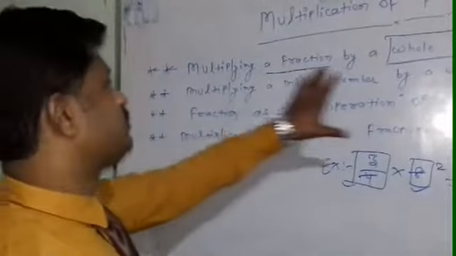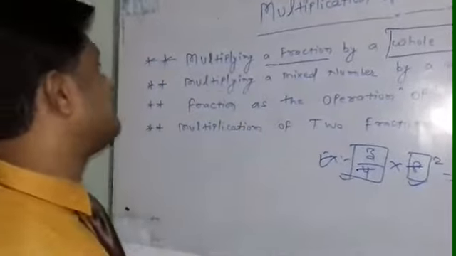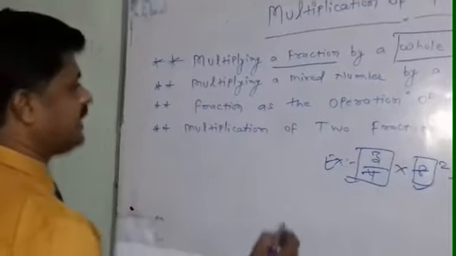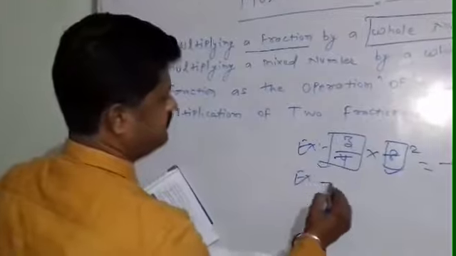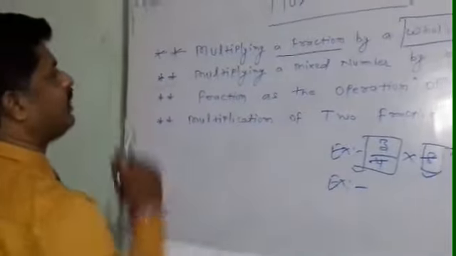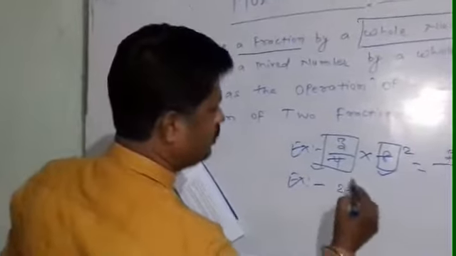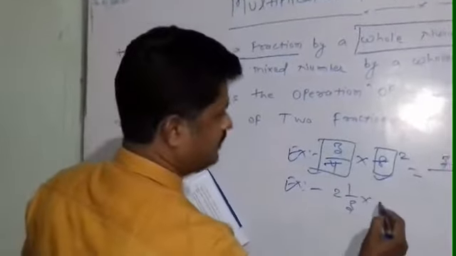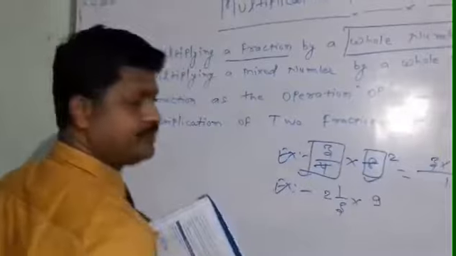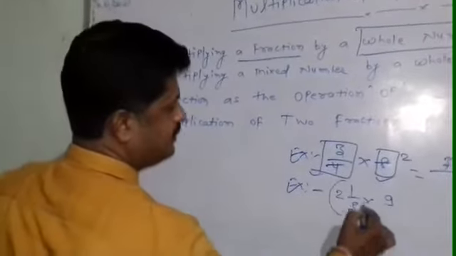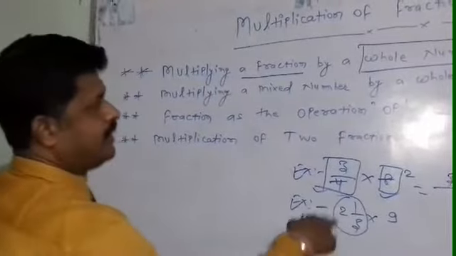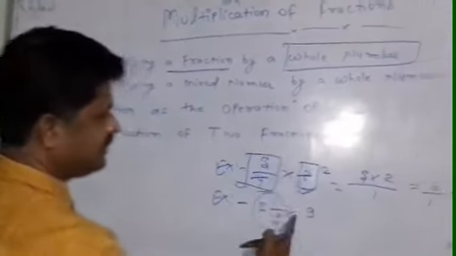This is the first point. And the second point is multiplying a mixed number by a whole number. That means a mixed number, for example 2 whole 1 by 3, has to be multiplied with a whole number, that means 9. Here it is a mixed number, and it is multiplied with 9.